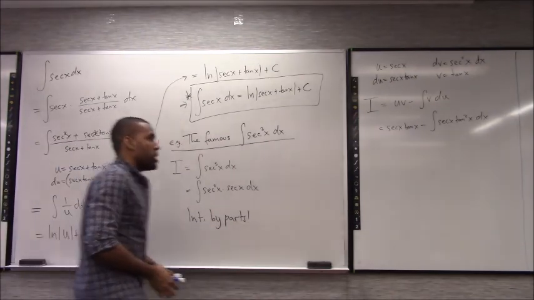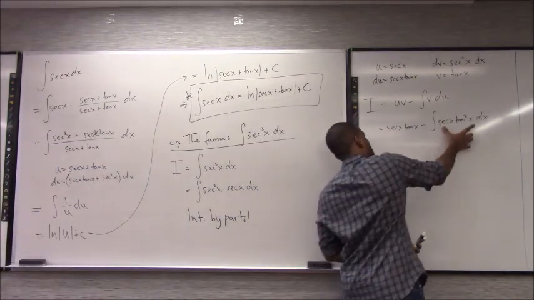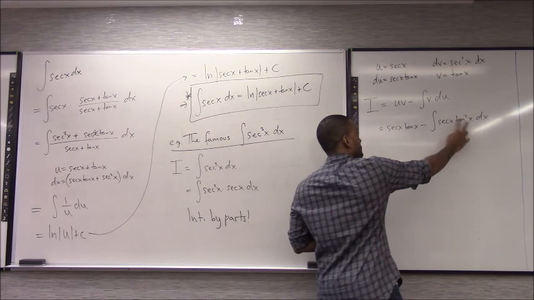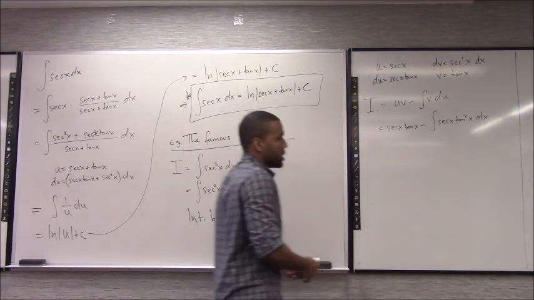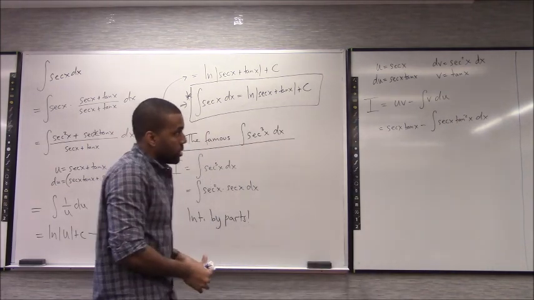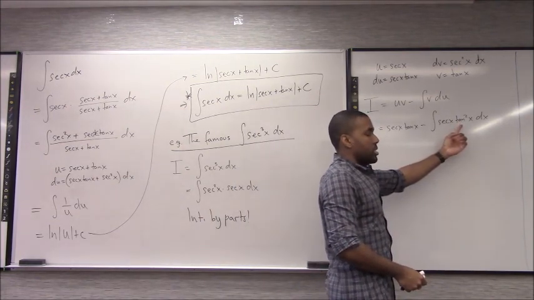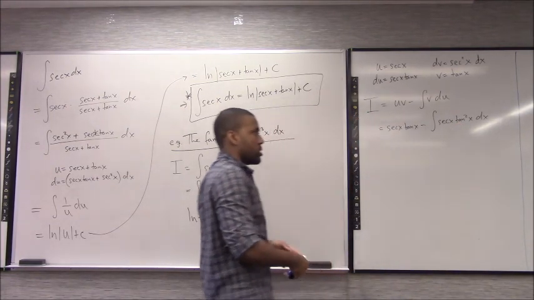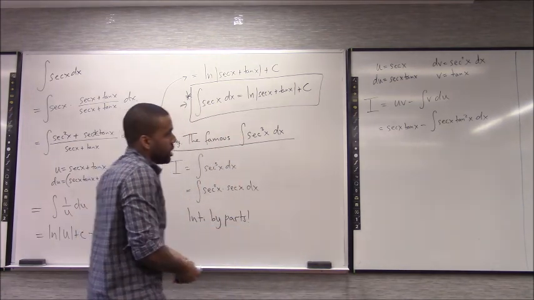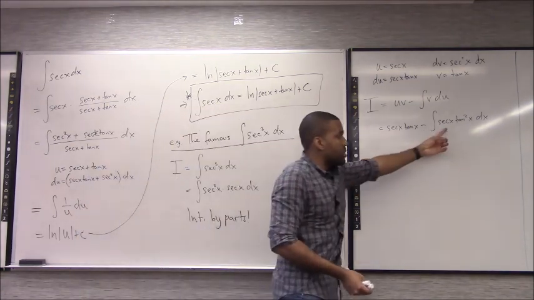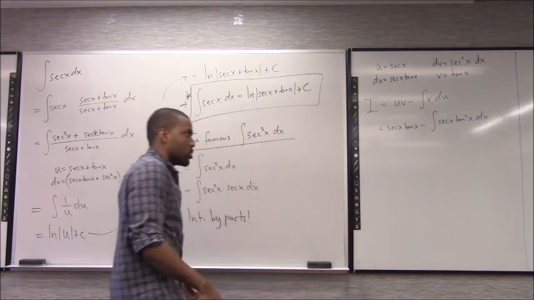Now the hope is that dealing with this integral should be easier than dealing with that integral, because I have both the secant and tangents playing together. I can probably figure something out. But the derivative of tangent is not odd, so I can't do the trick where I factor off a secant tangent. And the derivative of secant is not even, so I can't factor off secant squared.